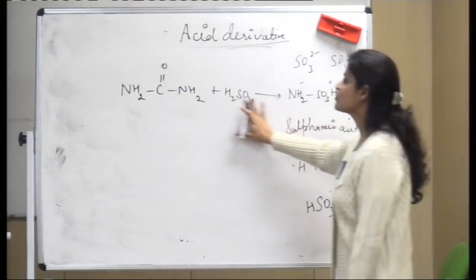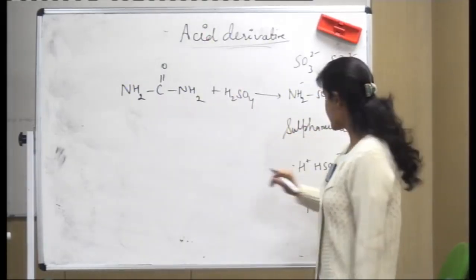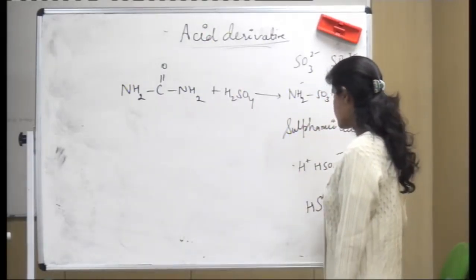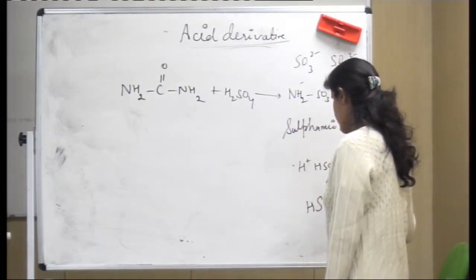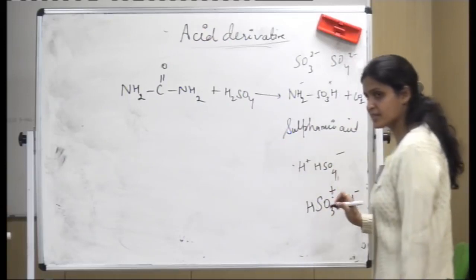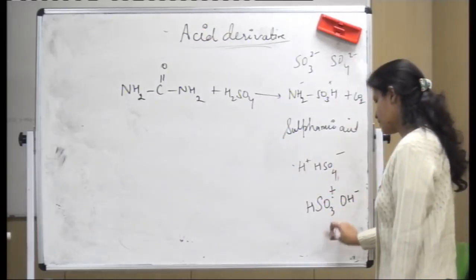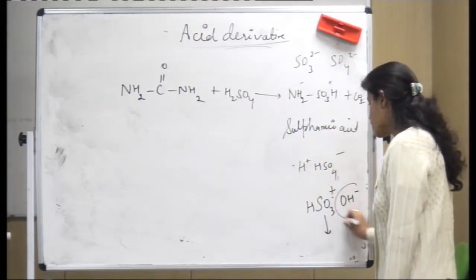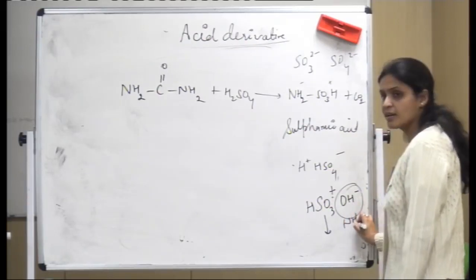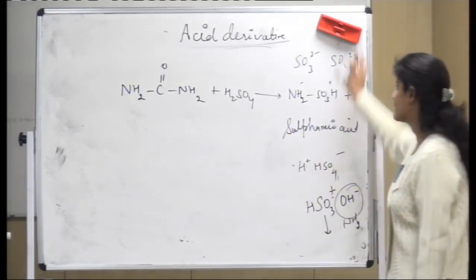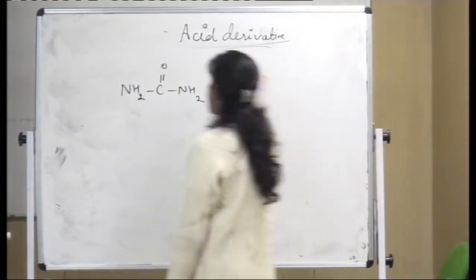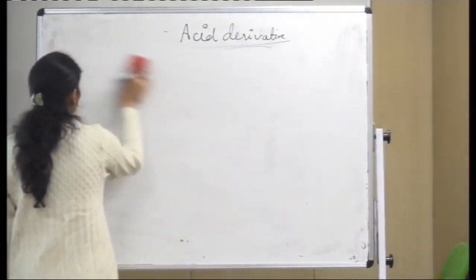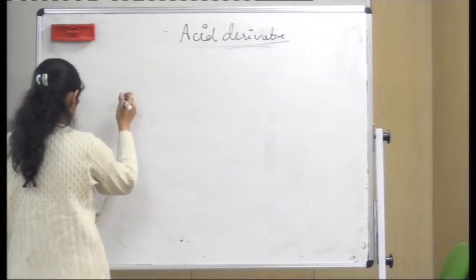HSO3 is positive in nature and OH minus, and it reacts like a reagent, and hence I can say that OH minus has been replaced by the NH2 group, and it results in the formation of sulfamic acid. You should know the formula for sulfamic acid. Most students do not know the formula for sulfamic acid.